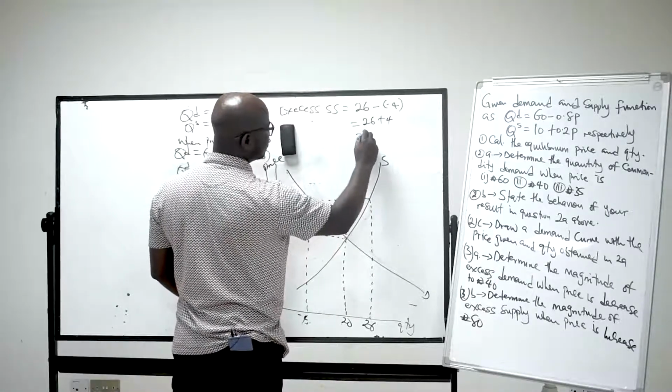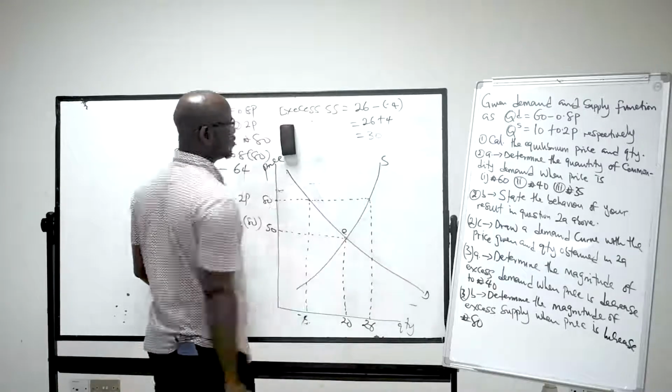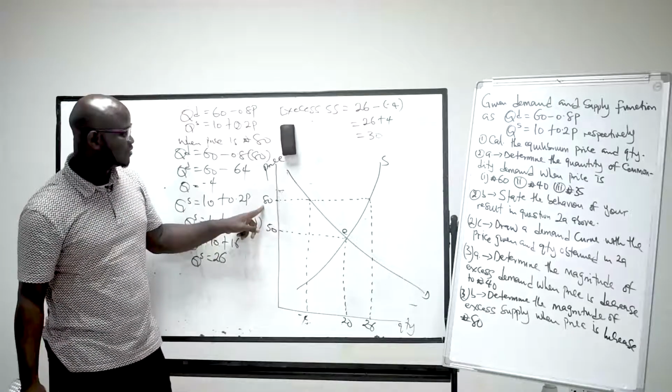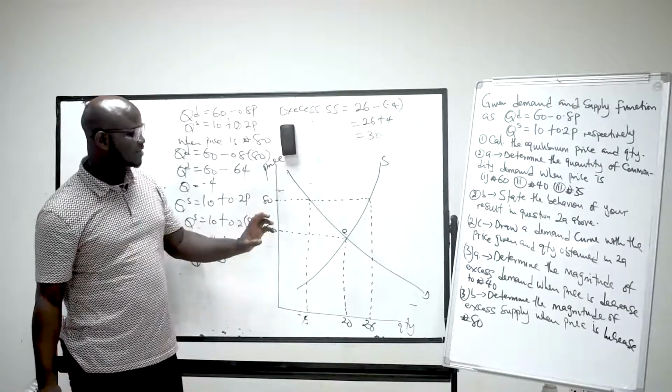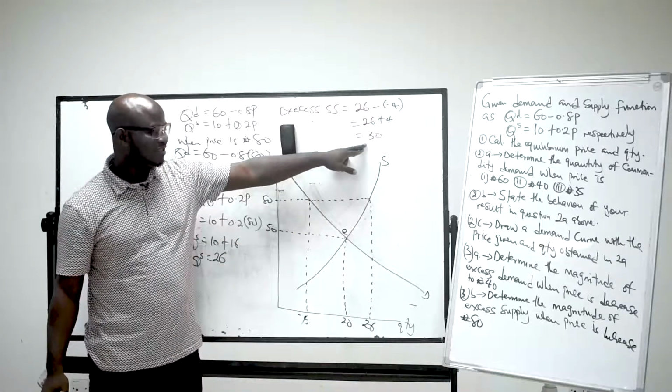So here we have 30. When the price increased from 50 naira to 80 naira, the quantity supplied by the producer is 30.